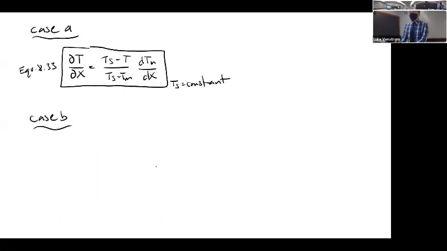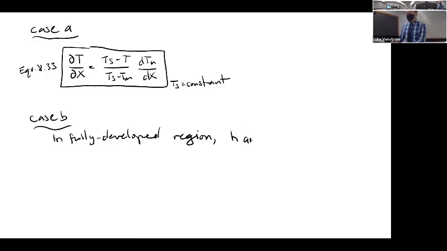So in case B, we're saying that we're in the fully developed region, and in the fully developed region, the convection heat transfer coefficient and the flux are constants.